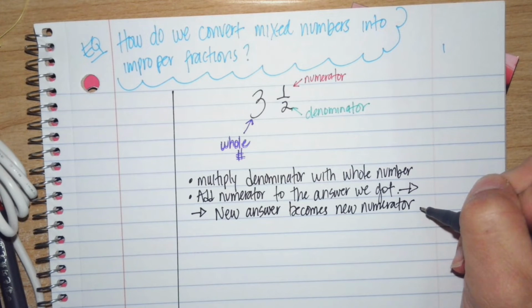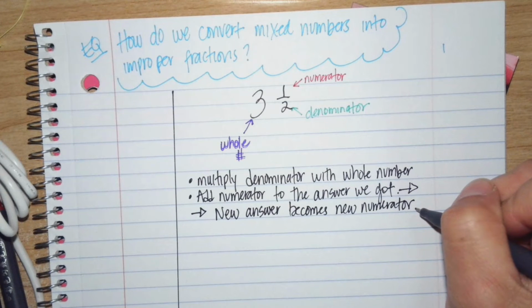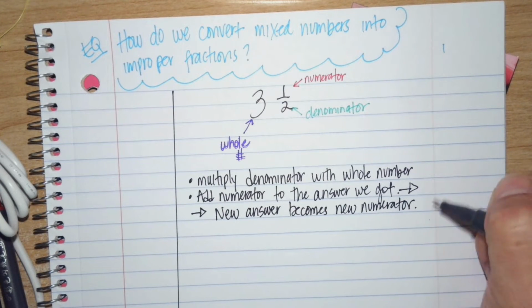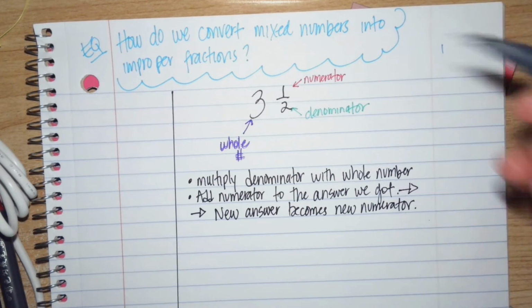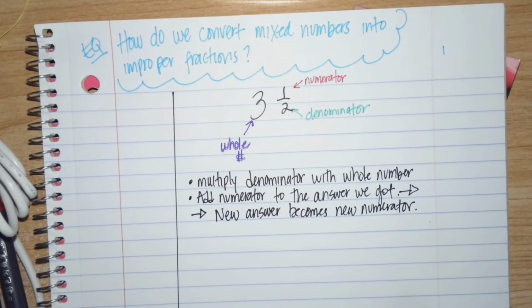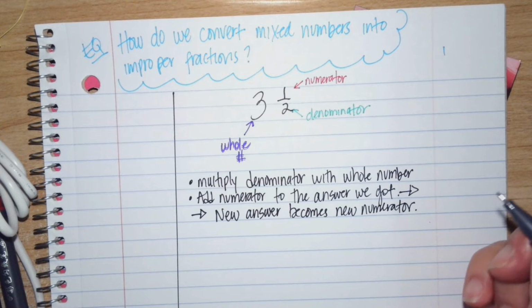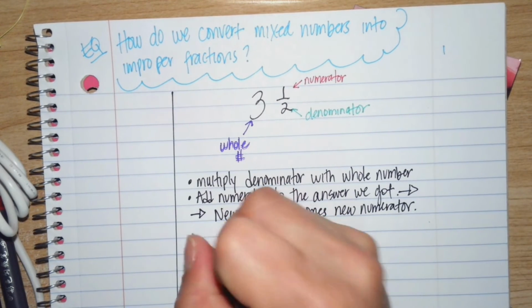Once we get that number, we write the denominator we had from our original fraction as the denominator for the new improper fraction.